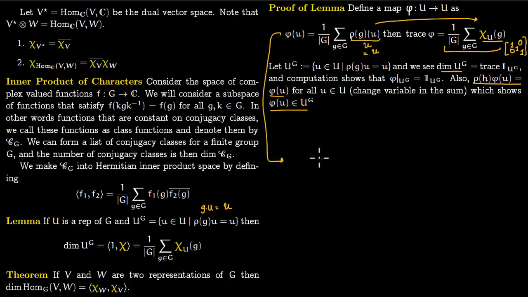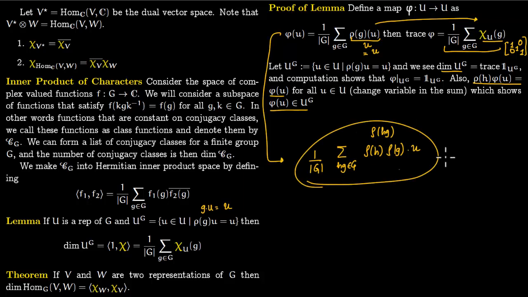You will just have the summation, then you have rho of h, then you have rho of g, and then you have u. But this you can combine to have rho of hg, and then instead of g here you can write hg. So then this again becomes an element of phi of u, because this looks exactly like here. You have just changed the variable from g to hg.